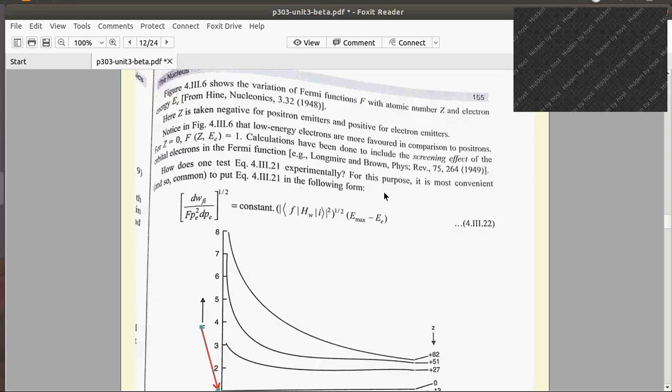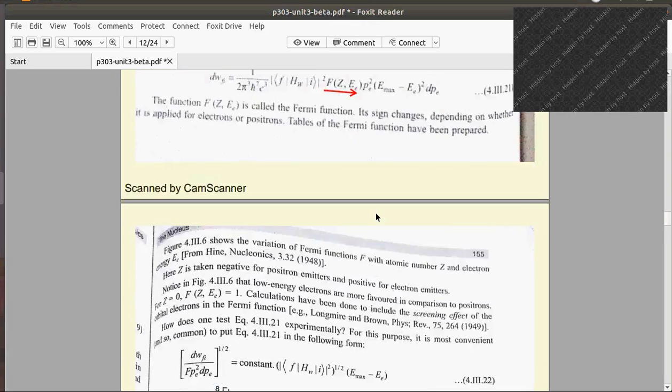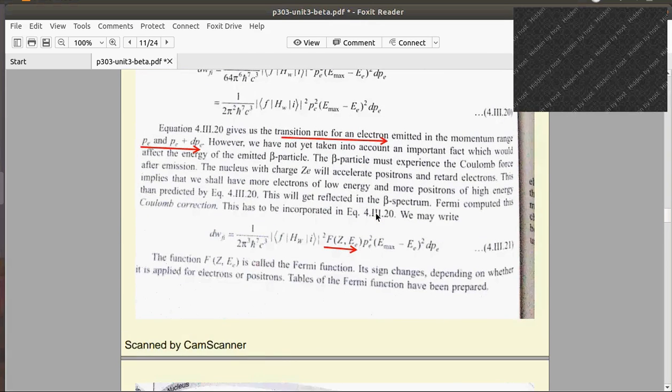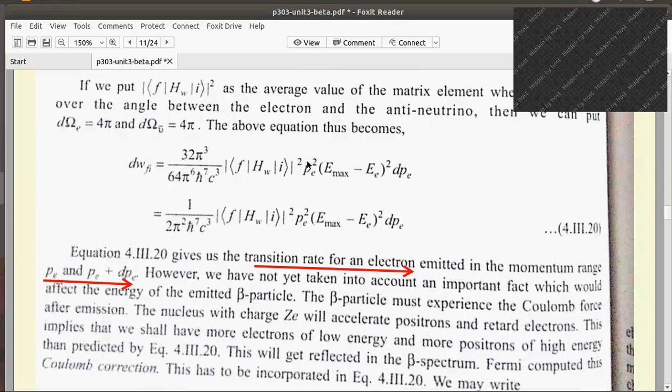Now you have derived the theory and obtained the expression, but how do you compare it with the experiments to verify or justify it? You remember that our expression is of this form: dW_fi is equal to 1 by 2 pi h-bar raised to 7 c cube, then the expression for the matrix element, and then an energy component.